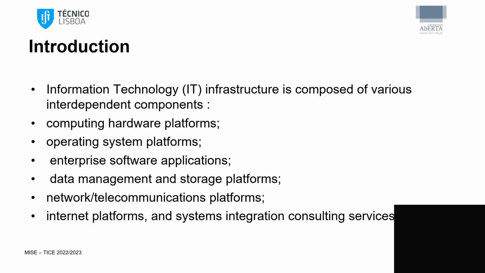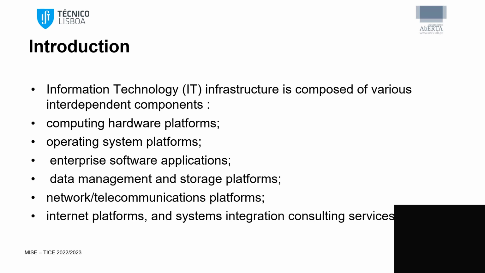Information technology infrastructure is composed of various interdependent components that work together to provide support to an organization's business operations. These components include the computing hardware platforms, operating system platforms, enterprise software applications, data management and storage platforms, network communication platforms, internet platforms, and system integration consulting services.